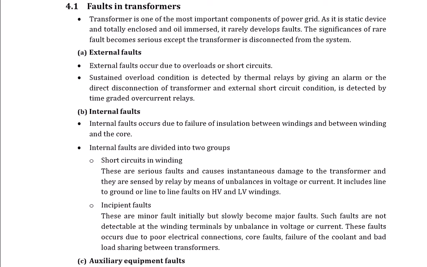Such faults are not detectable at the winding terminals by unbalance in voltage or current. These faults occur due to poor electrical connection, core faults, failure of coolant, and bad load sharing between transformers. So this kind of faults occur due to these causes.